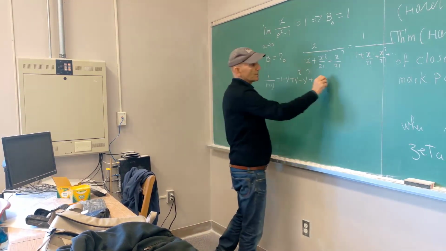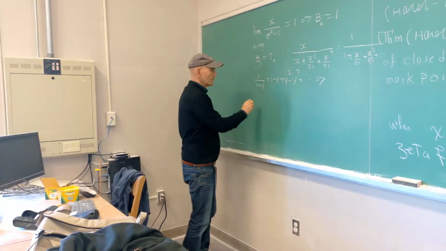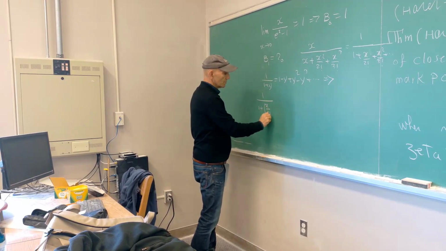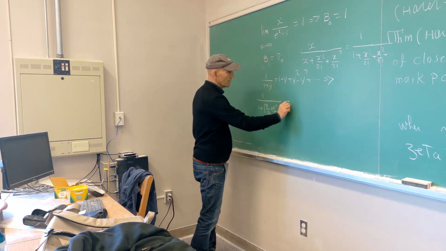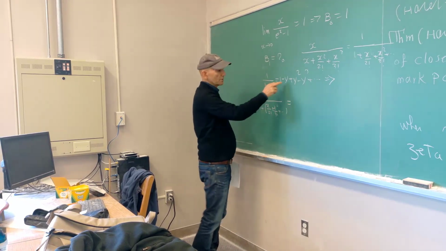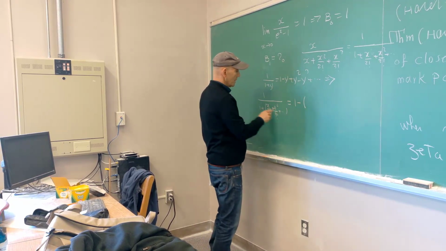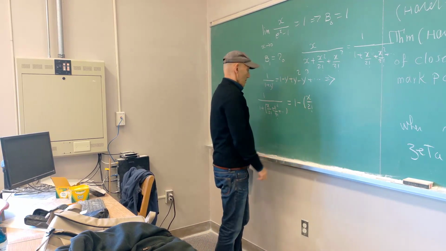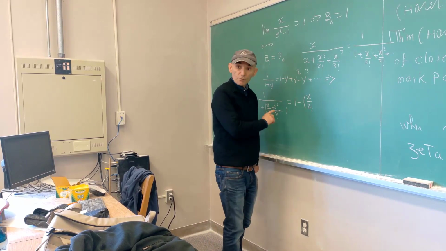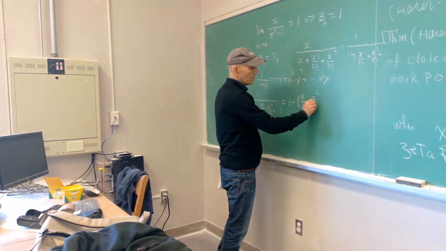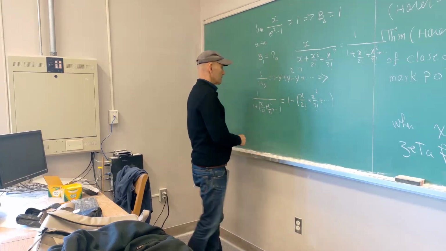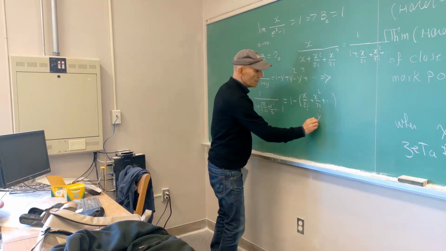The geometric series implies that 1 over 1 plus x over 2 factorial plus x squared over 3 factorial, and so on and so forth, is equal to 1 minus this one, x over 2 factorial, plus x squared over 3 factorial, and so on. And this is just y.